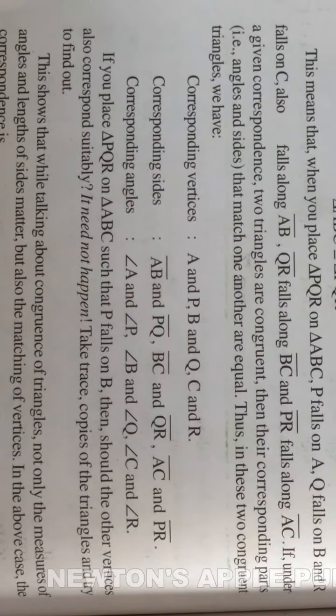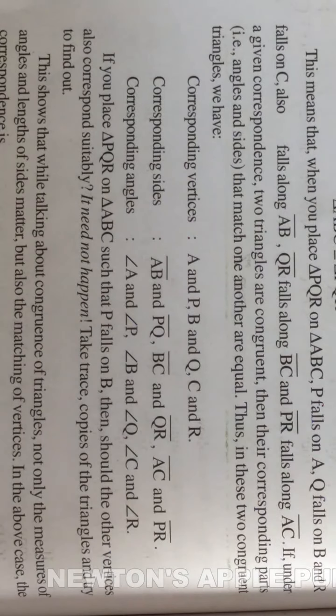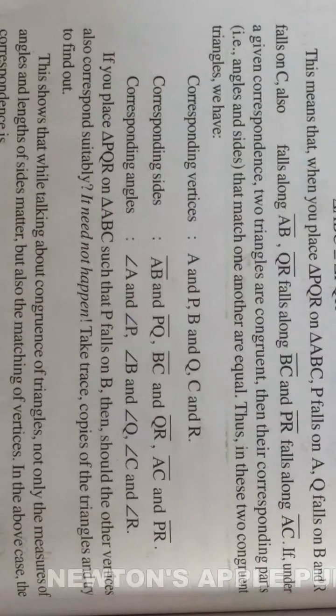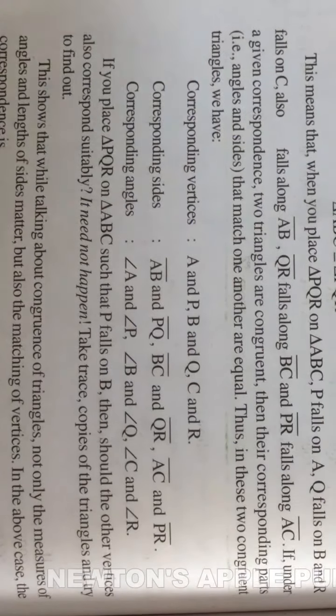If under a given correspondence two triangles are congruent, then their corresponding parts, that is angles and sides that match one another, are equal. Thus in these two congruent triangles we have corresponding vertices. Which are the corresponding vertices?